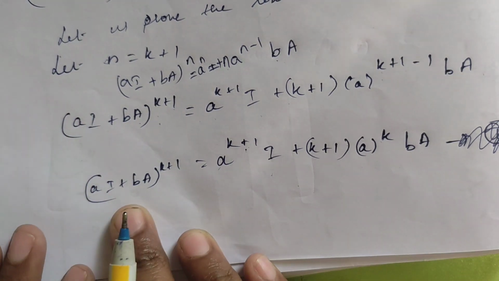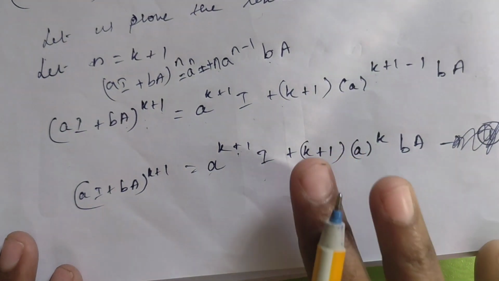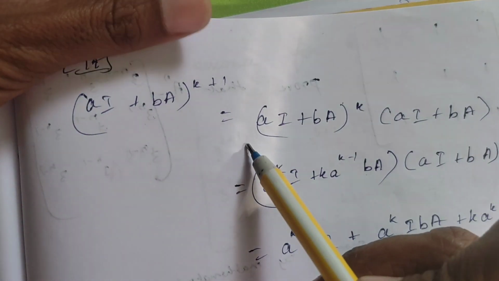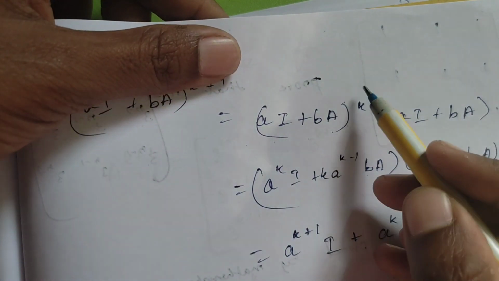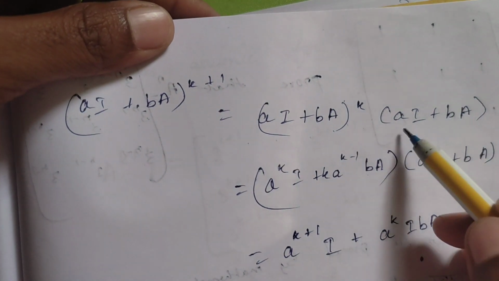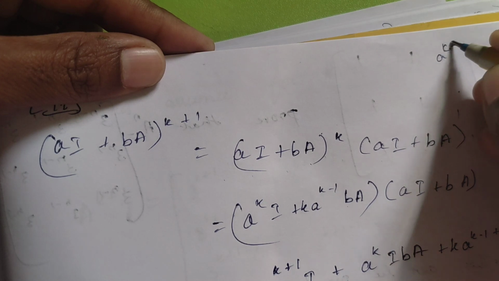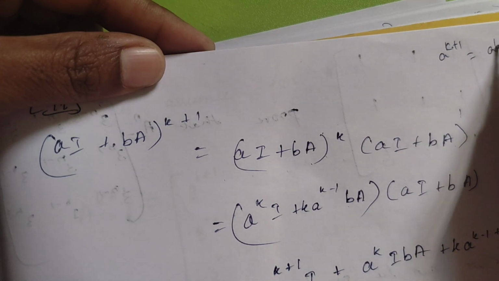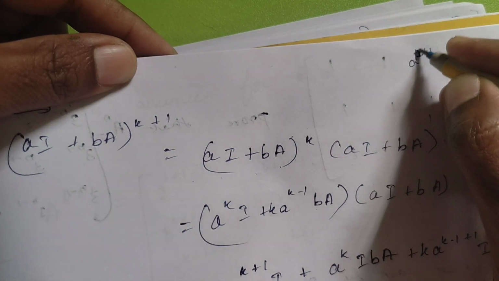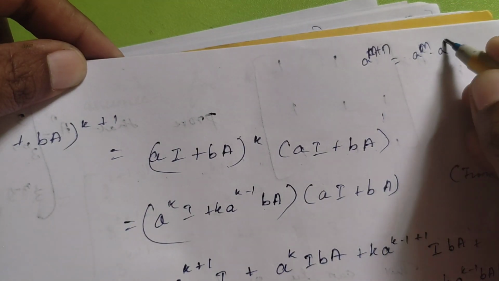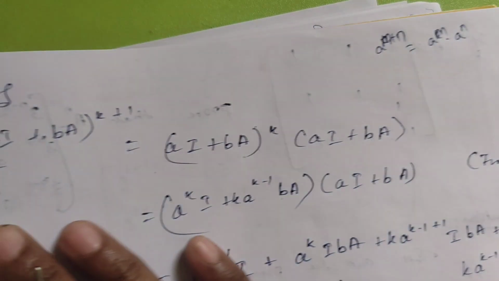By solving the LHS, let me show that it is equal to the RHS. (aI + bA)^(k+1) is equal to (aI + bA)^k into (aI + bA). The power k plus 1 can be written as power k into power 1, since a^(m+n) can be written as a^m into a^n. So that is what we have done here.